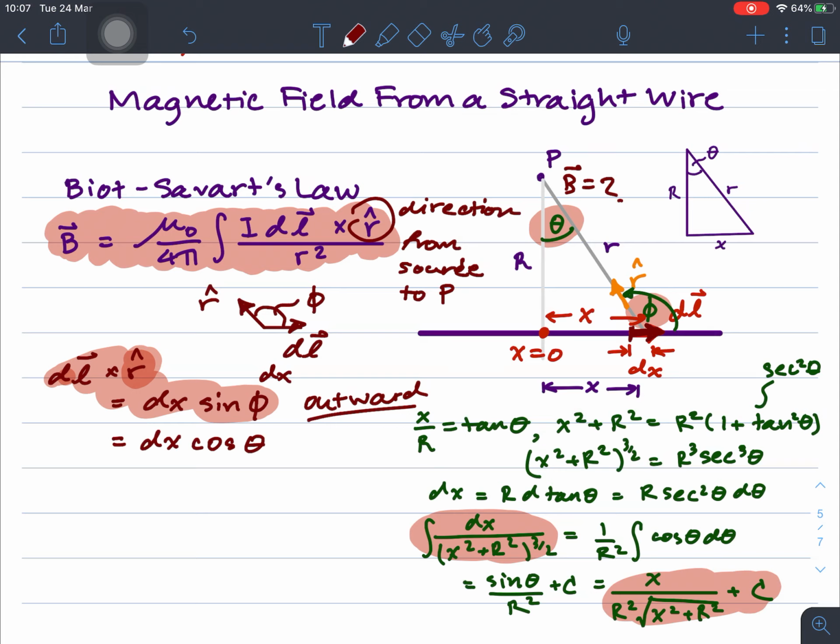So we substitute these expressions into the Biot-Savart's law, and we will be given B. This time I will just consider the magnitude of B as mu 0 over 4 pi, in which mu 0 is the permeability, times the integral of I times dx cosine theta divided by r squared.